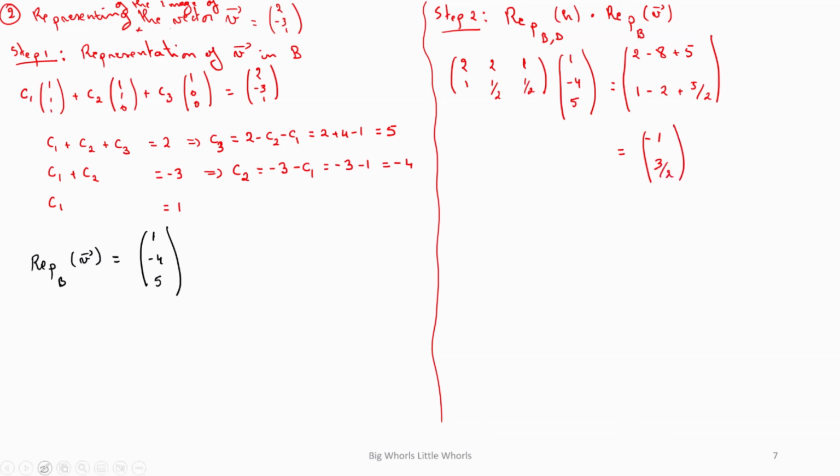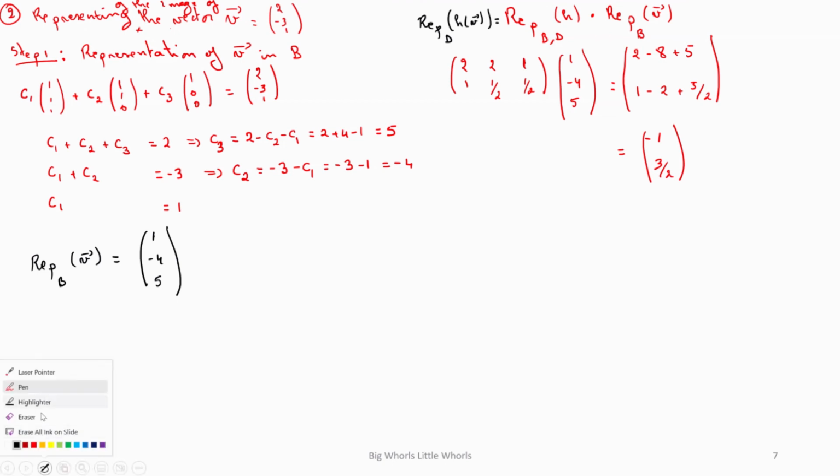So that is the representation. I didn't write it down. I should have written it here. Okay, so even if the step 2, I should have written that the representation of the image of V. So here we have the representation with respect to D of the image of V equals to that.